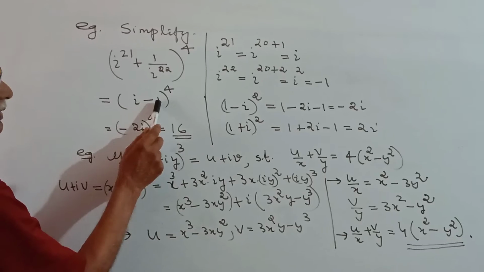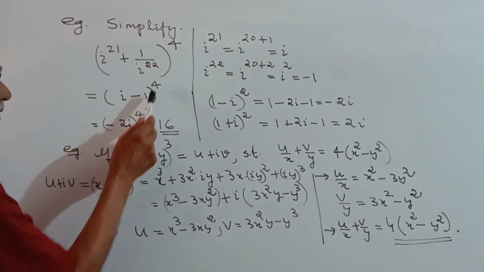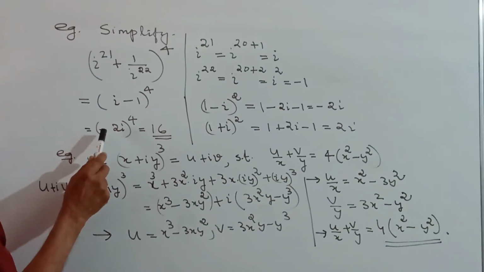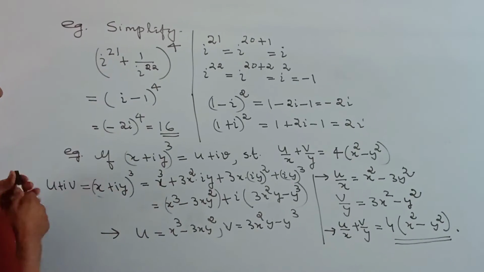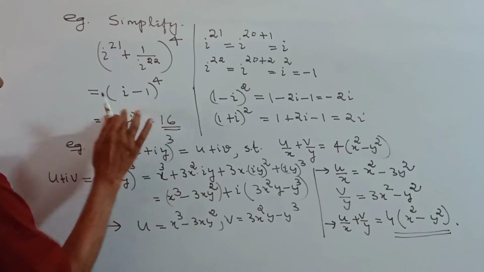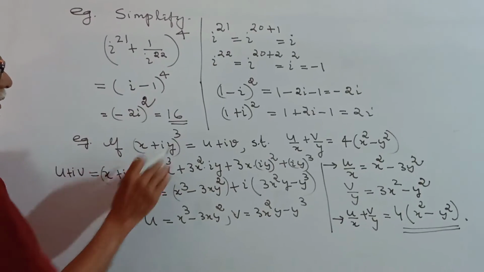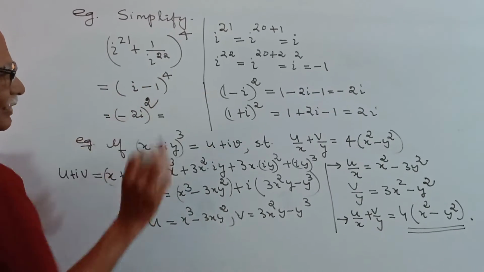So (i minus 1) the whole raised to 4 is the same as (1 minus i) the whole raised to 4, which is ((1 minus i) the whole squared) the whole squared. So it is (minus 2i) the whole squared, because (1 minus i) the whole squared is minus 2i.